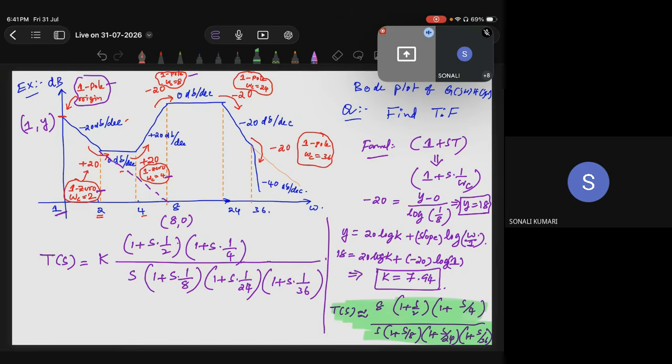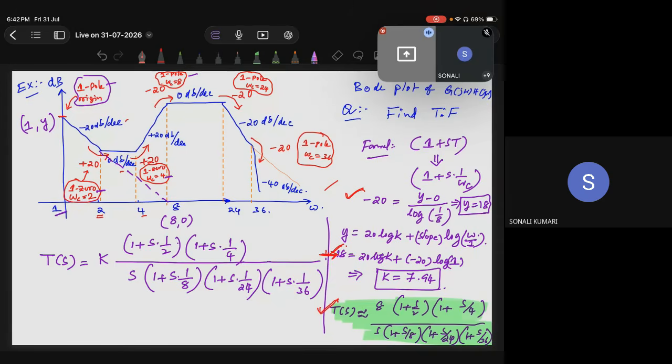If you want, you can take this transfer function, see the previous live class and draw the Bode plot. You should get this. Then you will understand these two steps. While drawing the Bode plot for this transfer function, you will also write in the middle this one for the k value, which is like y is equal to x plus c: previous value plus slope change multiplied by the current value.